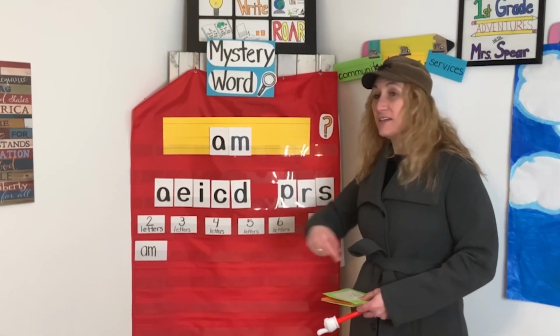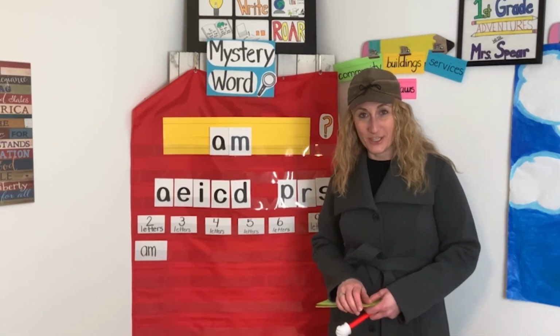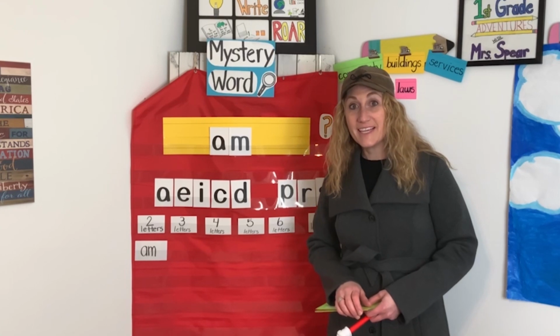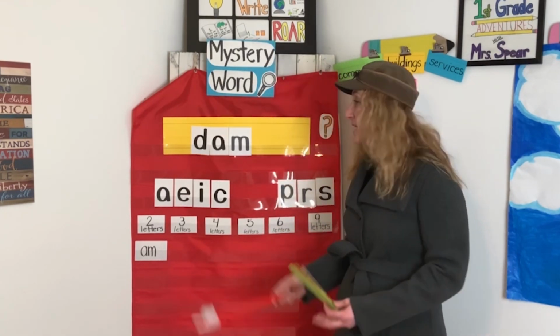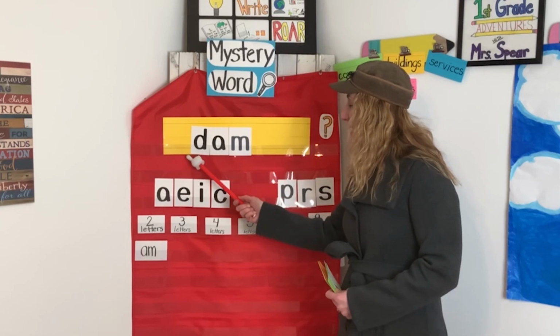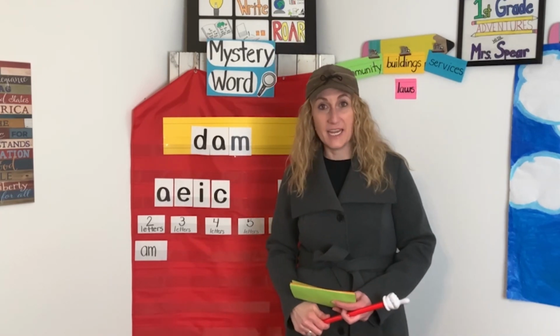Let's say the sounds in the word dam. D, A, dam. There's 3 sounds and there's 3 letters. How can we change am to dam? What do we need to do? Yes, we need to add a letter D. There you go. D-A-M spells dam, like the dam a beaver would build.